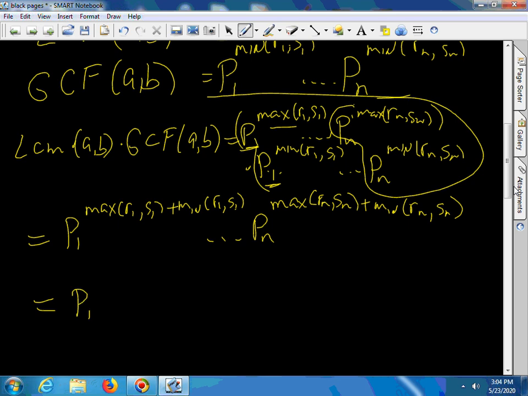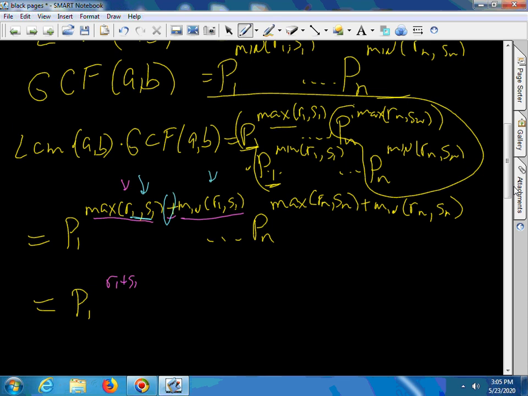What's the power of P1 going to be? Let's suppose that R1 is the largest. So this will be R1, and plus the min, which would be S1. So we will get R1 plus S1. Or wait a minute, what if S1 was the largest? Then R1 would be the min, so you get the sum S1 plus R1, which is just what I wrote. But wait a minute, what if they're the same?